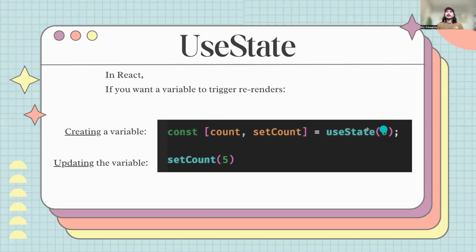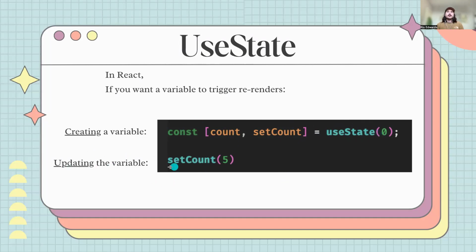So useState is going to return an array where the first element is the variable we want, and the second element is a function that updates that variable. And then this last part is the initial value of that variable.